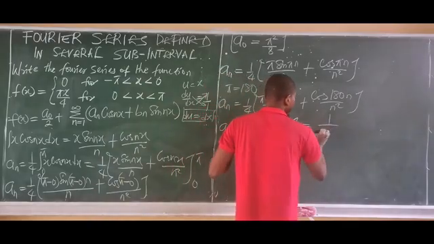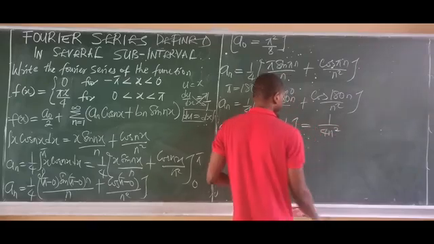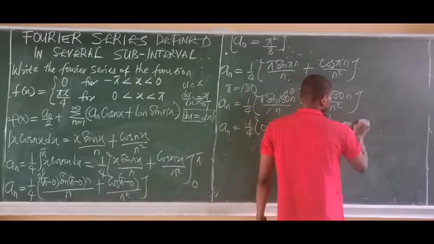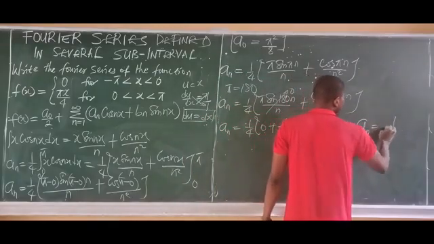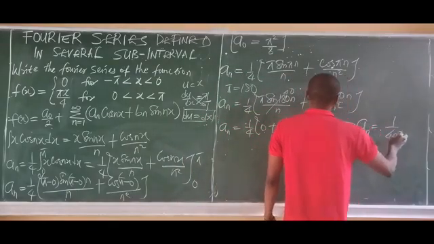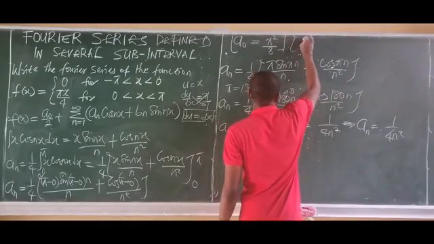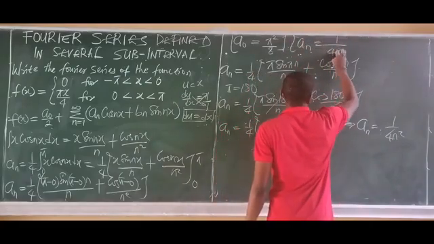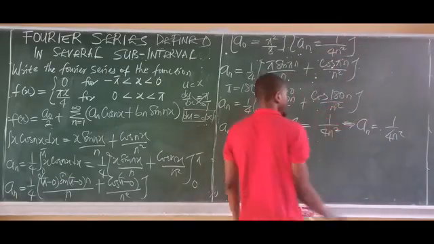This is 1 all over 4n squared. Hence, an is 1 over 4n squared. Let's put it down here. An equals 1 all over 4n squared.